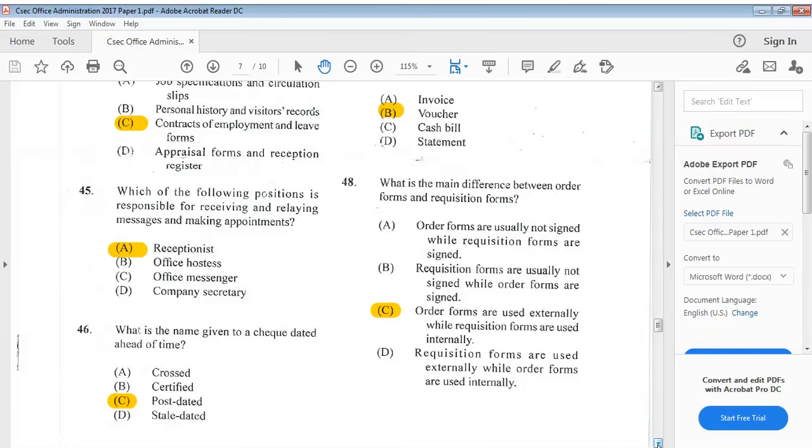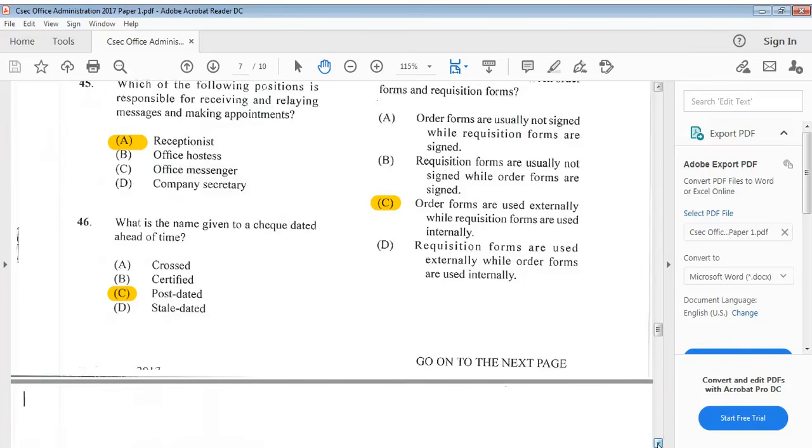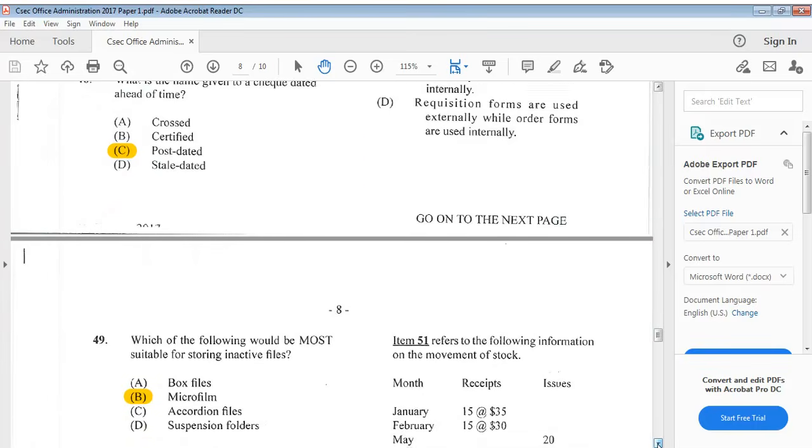D, requisition forms are used externally, while order forms are used internally. So we know our answer would be C. The main difference is that order forms are used externally, while requisition forms are used internally. Let's go on to number 49.